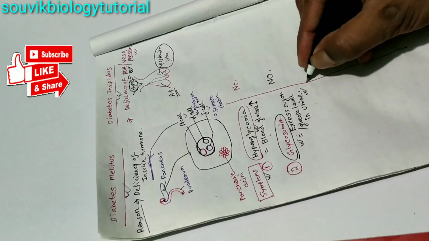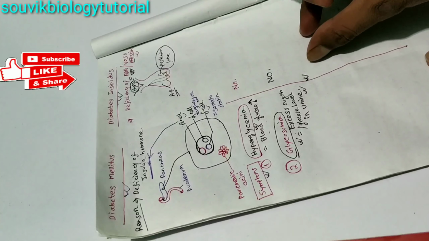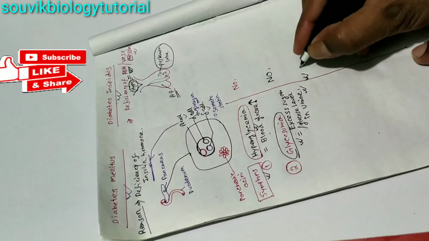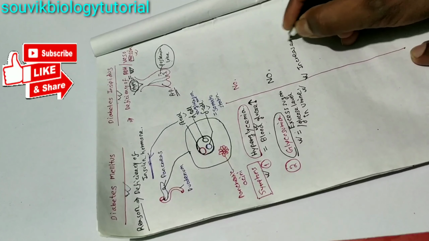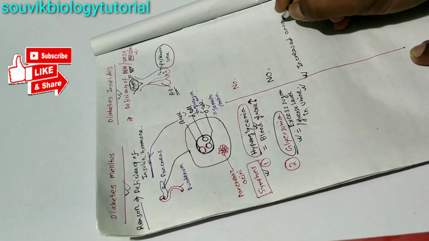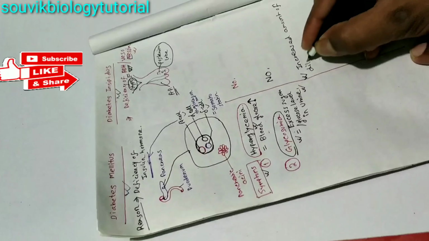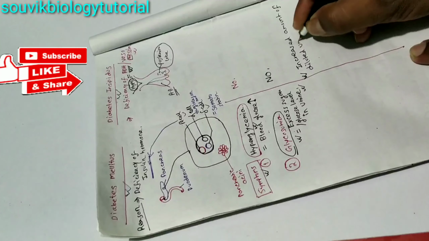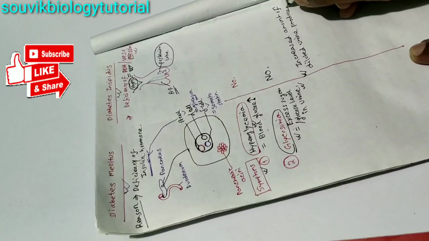Next, in case of diabetes insipidus, what is the main symptom? Increased amount of diluted urine produced.